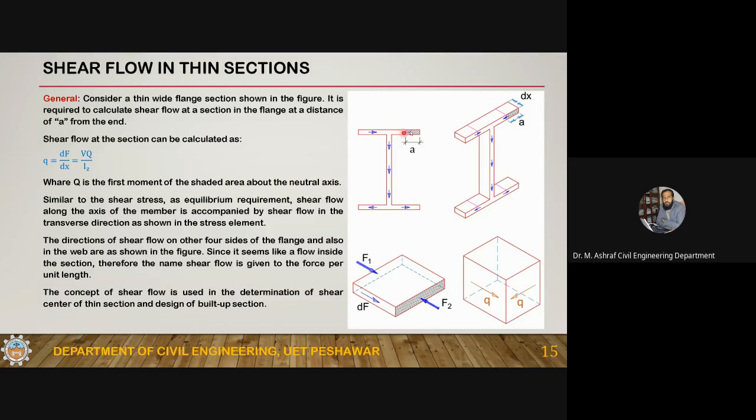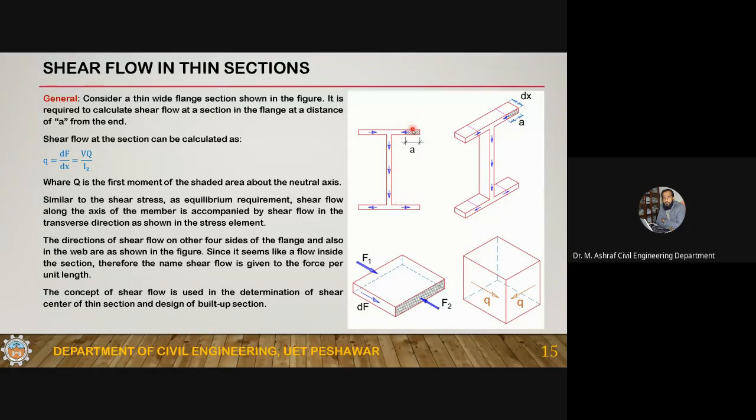Okay, so this is the shear flow direction in the flange. Similarly, if you take a section here and here, then the shear flow direction will be this one, here will be this one, and here will be this one. Why is the shear flow in this direction and here in this direction?